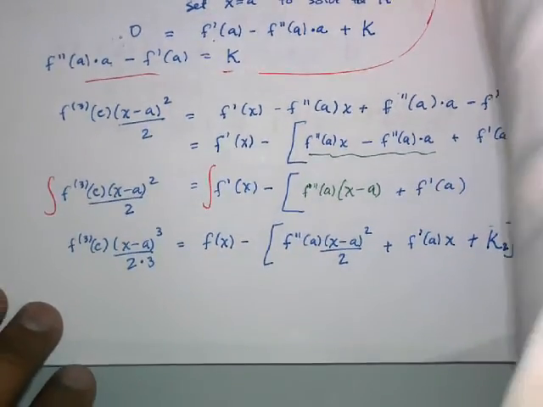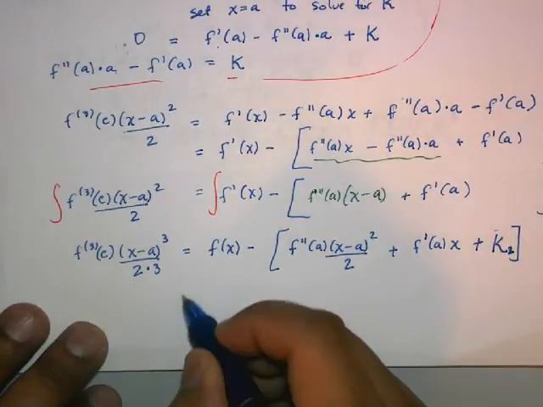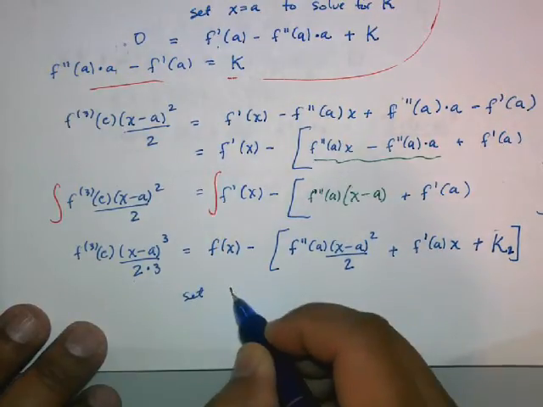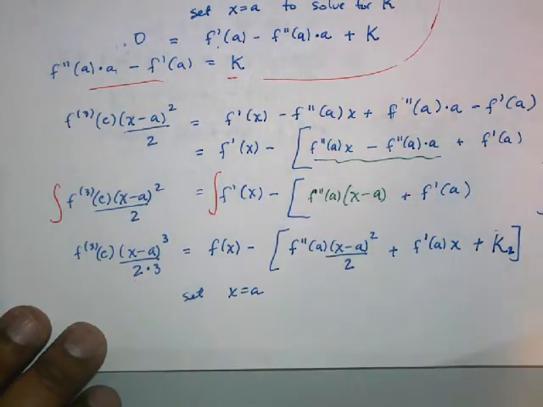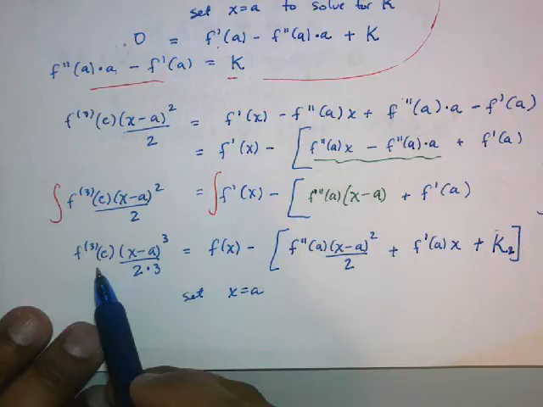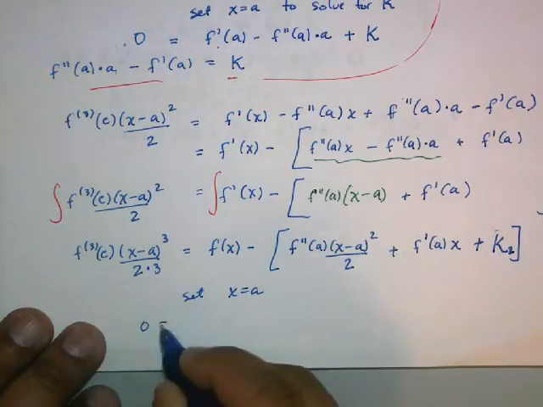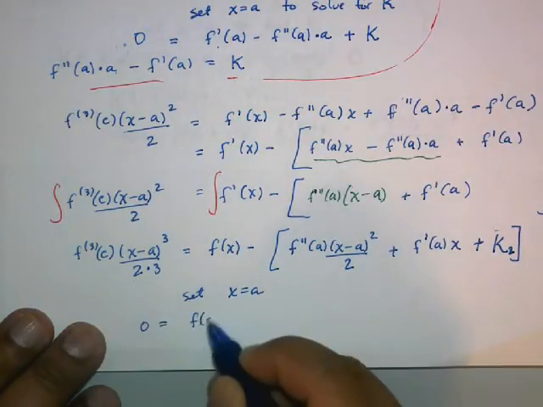Alrighty. So now to solve for k2, to find out what the constant is for k2, I'm going to set x equal to a. In other words, I'm substituting a into x. All of this here goes away. I get 0 for that.